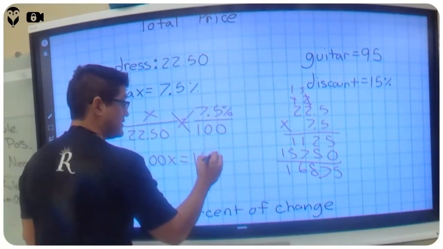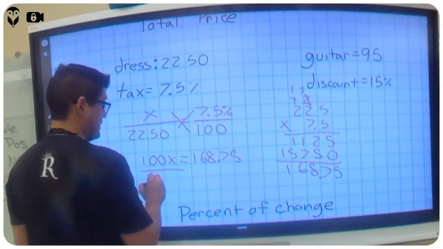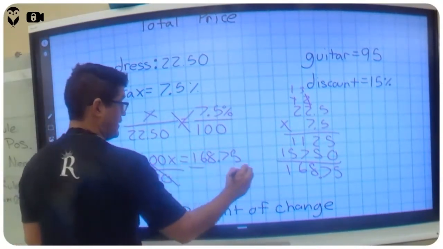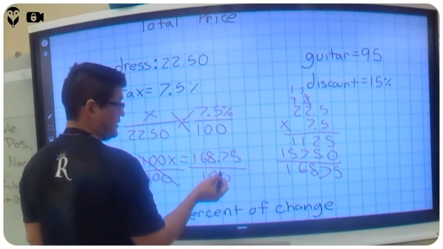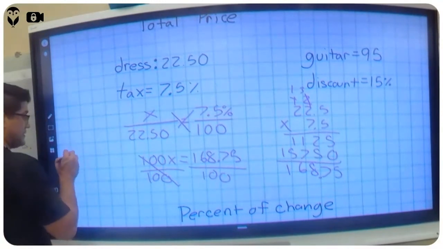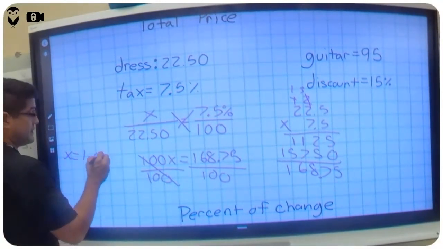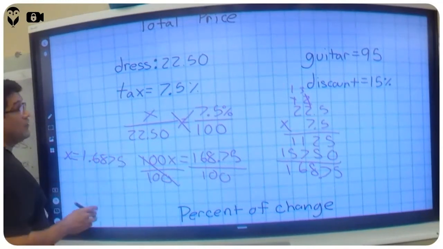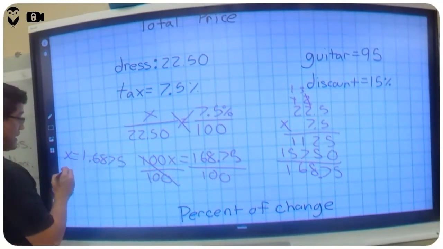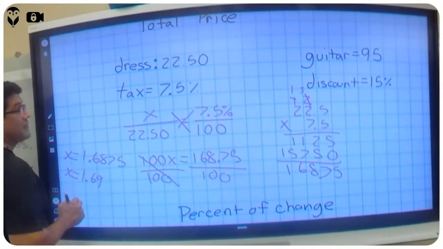So 168.75. Divide by 100, divide by 100. Luckily, this is very easy. You just move the decimal point twice. So my answer is going to be x equals 1.6875. Remember that this is money, so it's going to round. So x equals 1.69.